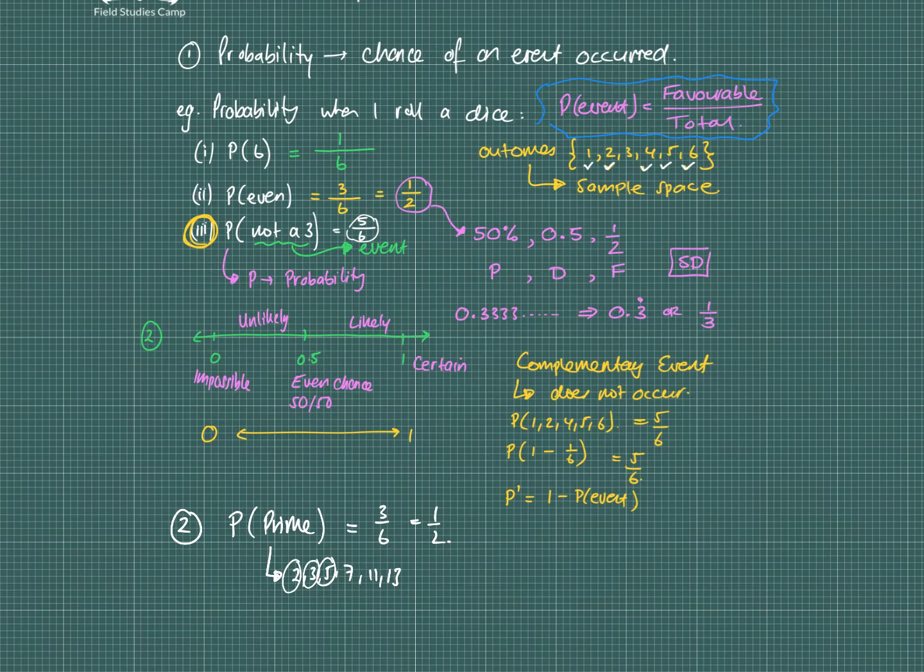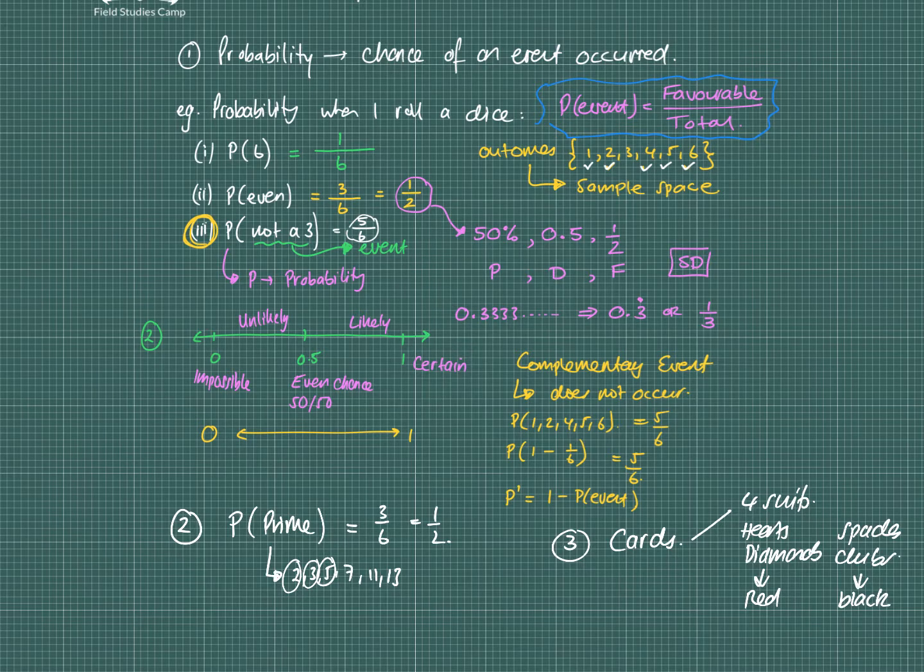The only other thing I wanted to mention is you might get questions about cards. Remember, in cards there are 4 suits. We have the hearts, the diamonds, the spades, and the clubs. Now with that, these are red cards and these are black cards.